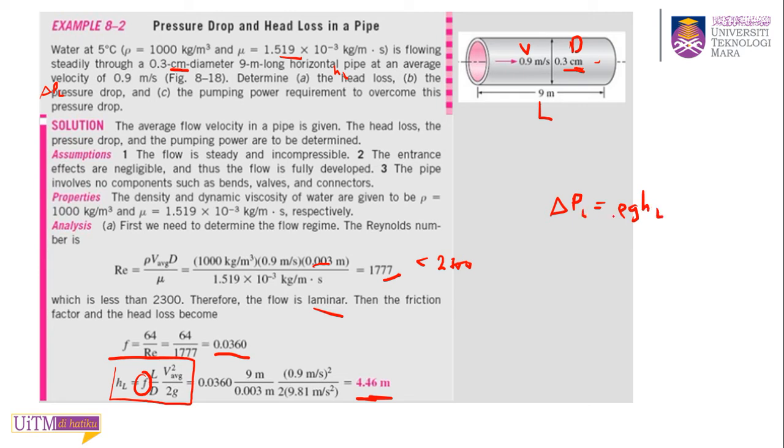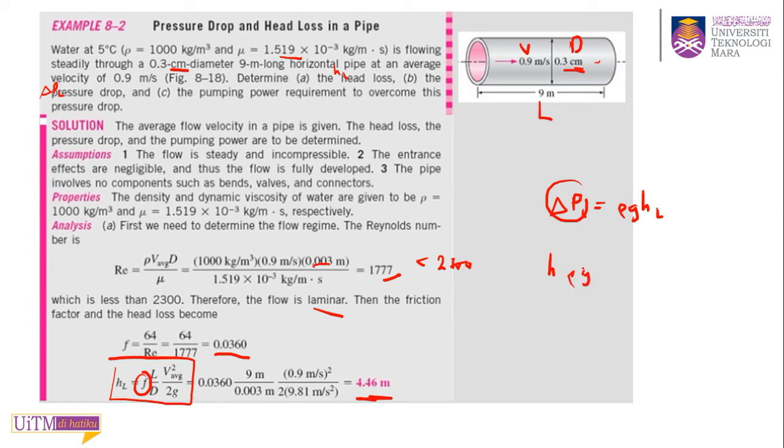So you already calculated the HL here, 4.46 meter, and they ask you to find the delta PL. So to get delta P, just multiply the HL with rho g.